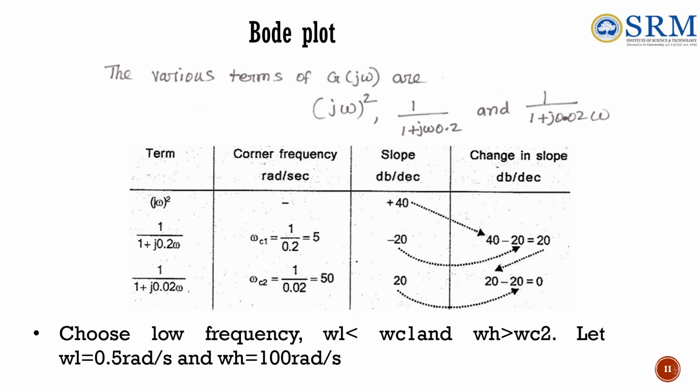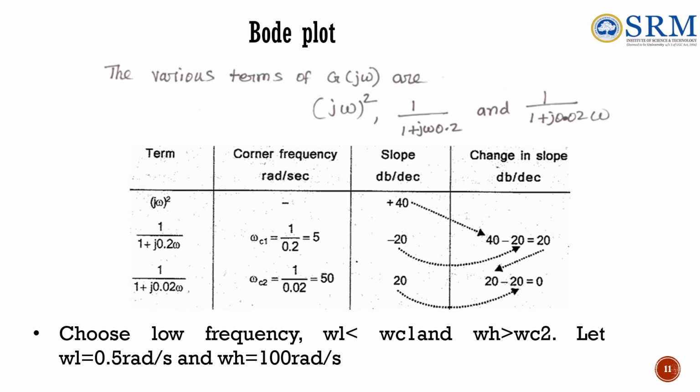Next we are going to see which are the different terms in the frequency domain transfer function. The different terms are (j omega) the whole square, 1 by (1 plus j omega 0.2) and 1 by (1 plus j 0.02 omega). Next we are going to construct a table to plot the magnitude plot.